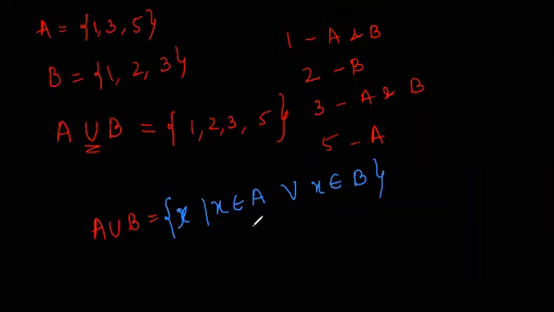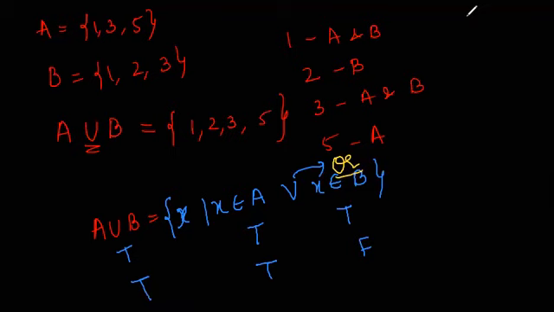If X is in A and X is in B, then it will be in A union B. If X is only in A but not in B, even then it will be in A union B. Why? Because the connective we are using is OR. If even one of them is true, it will be true.